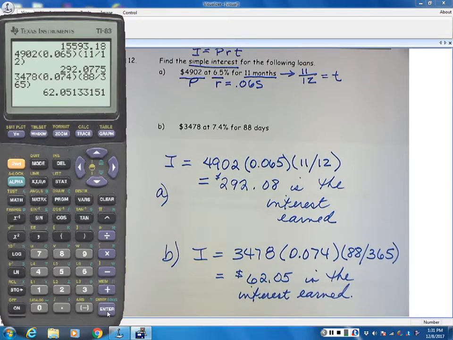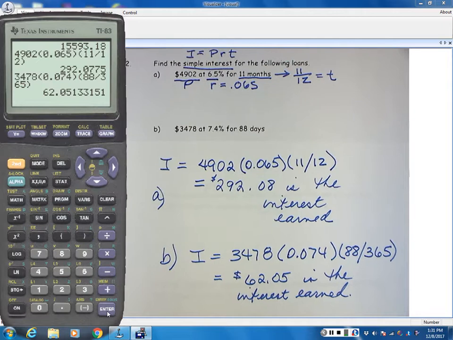Miss Flint? Mm-hmm. I think I did this wrong. I got my decimal in a different place. For part A, I got 29207.75. I got the right answer, but I got the decimal in a different place.